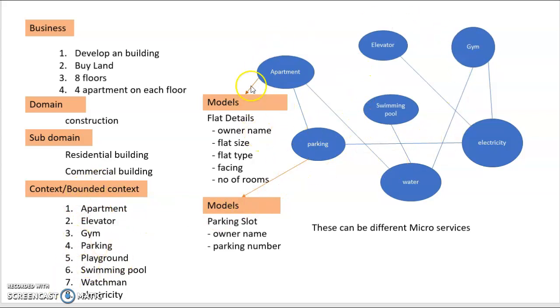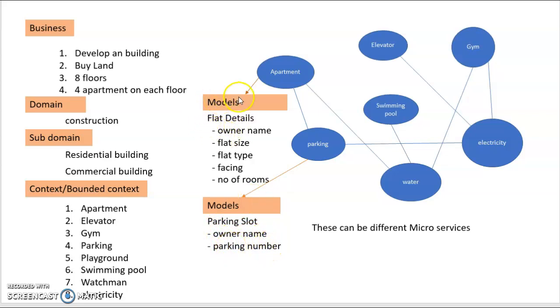After identifying all these bounded contexts, we need to find out their different business models. For example, apartment has a business model like flat details, which has different attributes like owner name, flat size, flat type, facing, and number of rooms. Similarly, for parking, there is a different business model like parking slot, having the owner name and parking number.